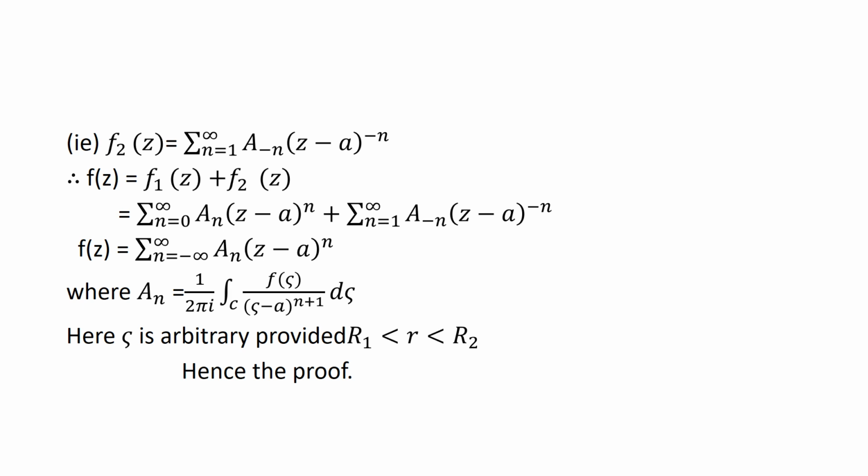So combining these two, we can write a summation n varies from minus infinity to plus infinity a_n into (z minus a) power n, where a_n is 1 by 2 pi i integral over C f of zeta by (zeta minus a) power n plus 1 d zeta. Here zeta is arbitrary, provided R1 less than small r less than capital R2.